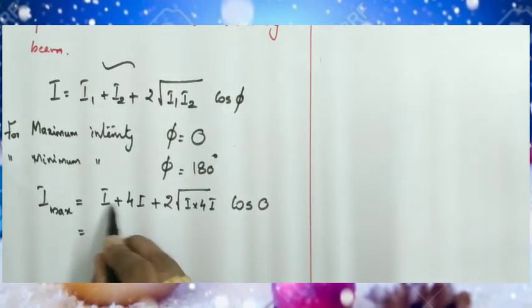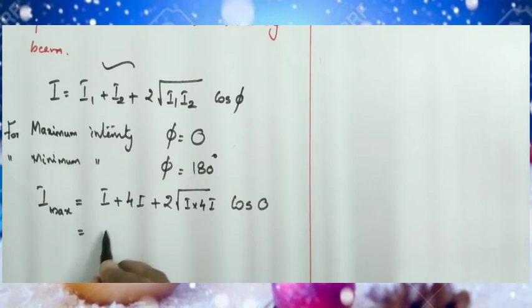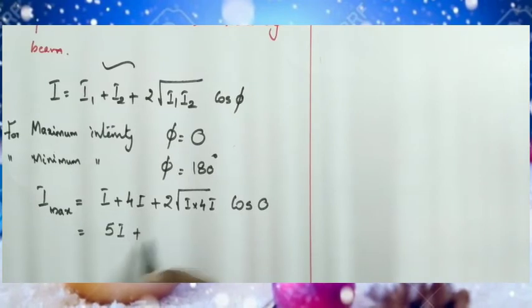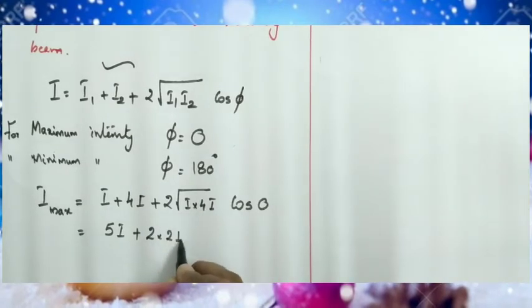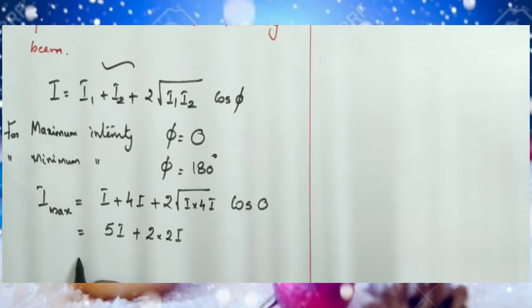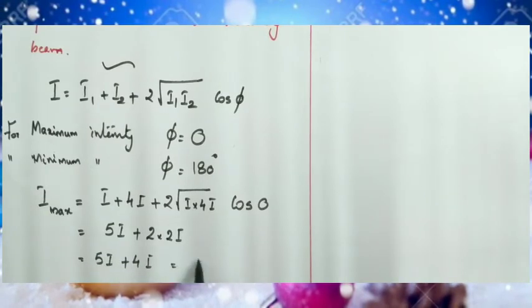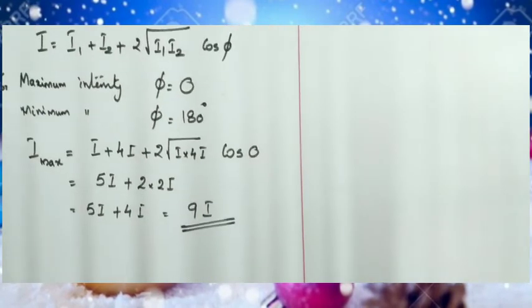So it is 5I plus 2 root of 4I square, which is 2 into 2I, that is 4I. So it is equal to 5I plus 4I equal to 9I. So the maximum intensity is equal to 9I.